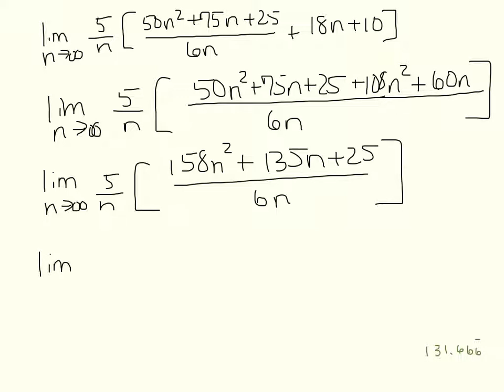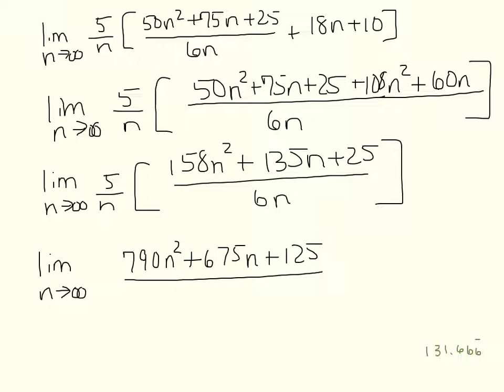So that's the limit as n goes to infinity. So 5 times 158 is 790n squared plus 675n plus 125. All of that over 6n times n, or 6n squared.